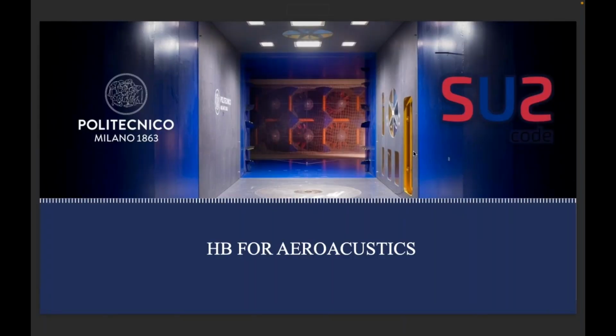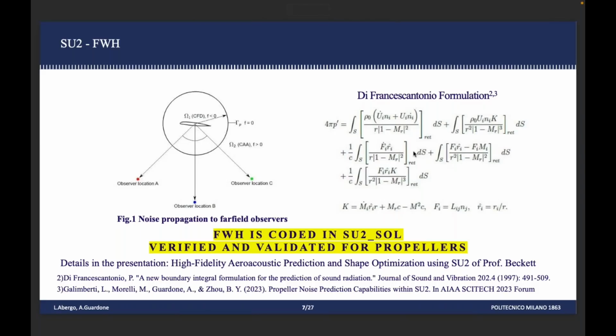So, harmonic balance for aeroacoustics. Inside SU2, in collaboration with Bristol University, we have developed this acoustic module that has an FWH formulation. What is it used for? It computes the pressure oscillation perceived by some observers that are positioned at a certain distance with respect to the body that is rotating or pitching.